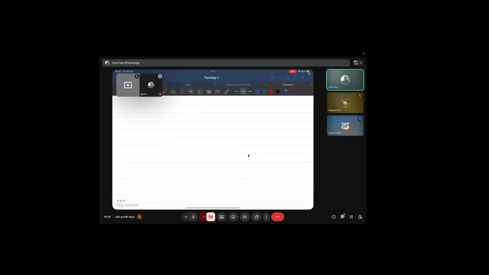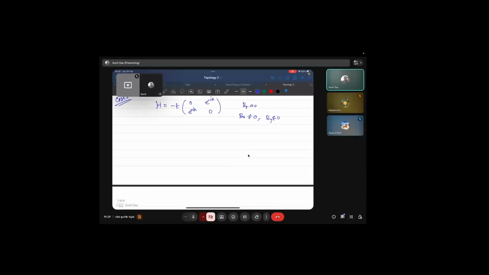So we can actually determine it. What we have is that Bx, By equal to B times sin phi, cos phi, or vice versa. Here we have B equal to minus t.